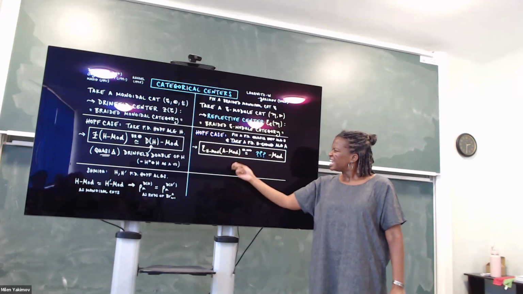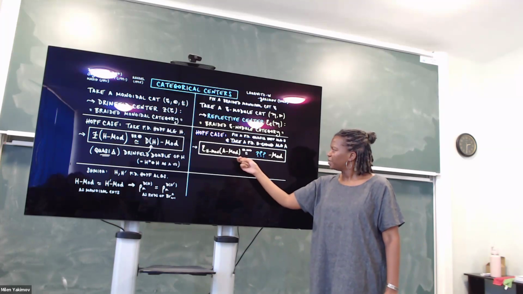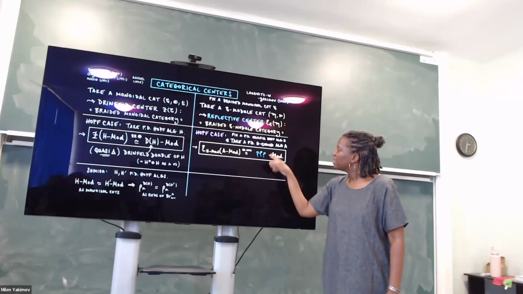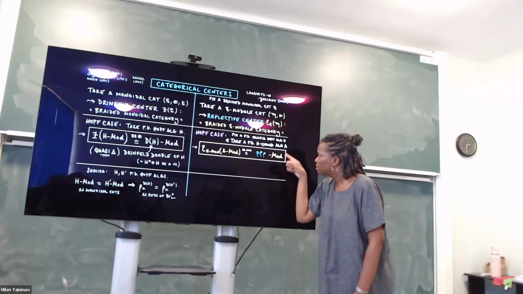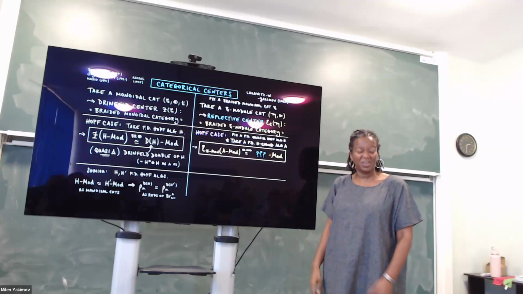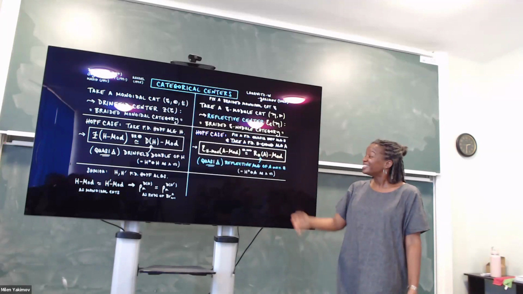So now the question is, is this equivalent as a braided module category to a category of modules over some quasi-triangular H-comodule algebra? So some quasi-triangular thing here, fill in the blank. Of course, the answer is yes, because otherwise it would be a stupid talk. But anyway, the answer is yes.